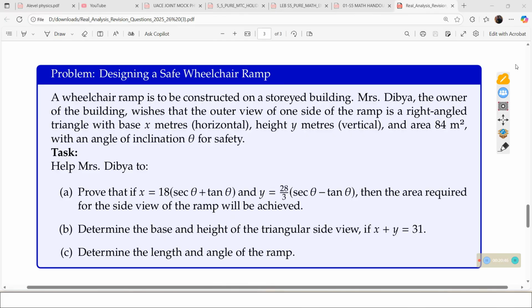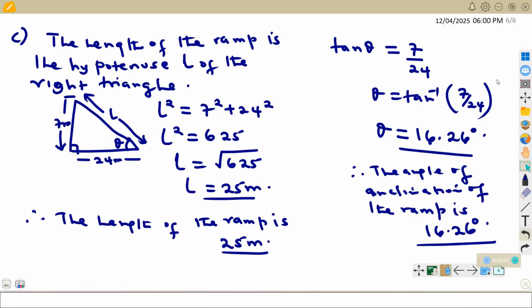So from there we shall have answered this item. Those are the required responses.